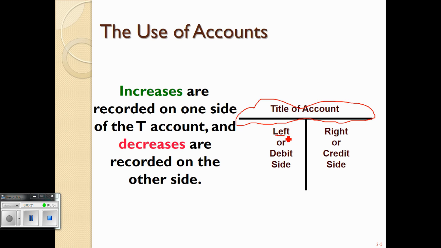It has a left side, which we call the debit side, and the right side is the credit side. Anytime we debit something, it goes on the left. Anytime we credit it, it goes on the right. It does not mean increase or decrease. It depends, and we're going to see how it depends in a minute. But the bottom line is it depends.